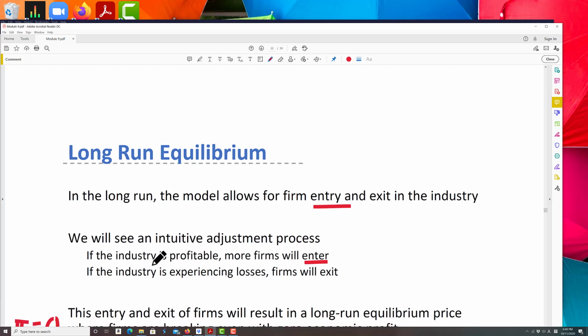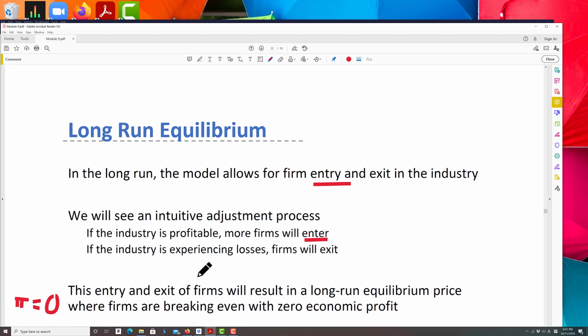So if industry profit is positive, there will be more firms in the next round. If industries are experiencing economic losses, some of the firms will exit. When the dust settles down and no more entry or exit occurs, we have long-run equilibrium.